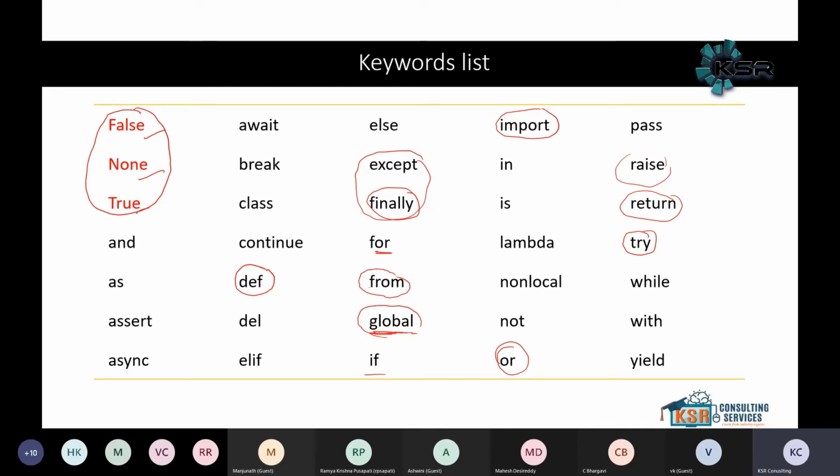The keywords may get altered in different versions of Python. Whatever the keyword list, it may get altered in different versions. Some may get added or some might be removed. You can always get the list of keywords in your current version, maybe Python 3.8 or Python 3.7.